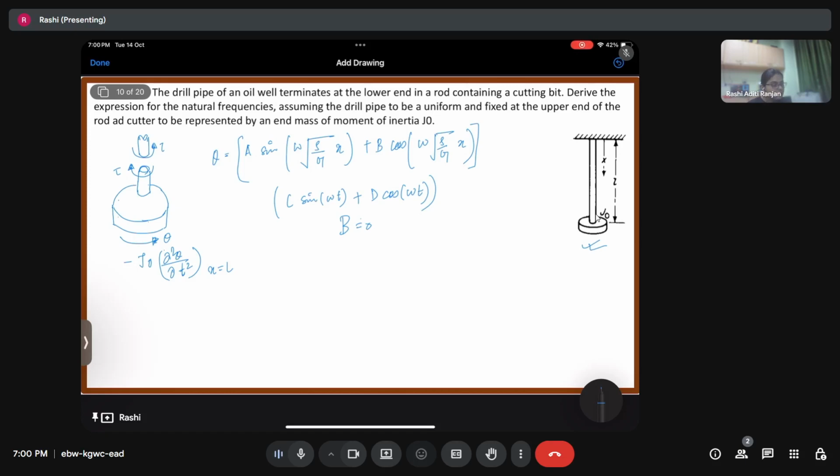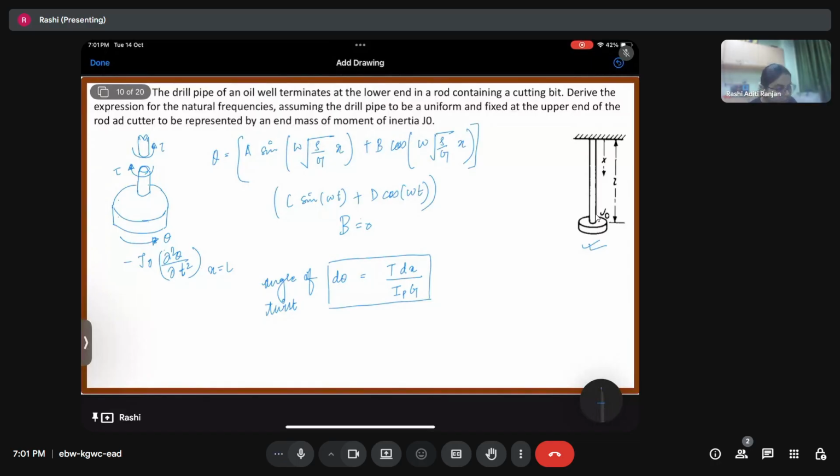So if you remember, for a rod where we are subjecting it to some kind of torque, we can write the angle of twist d theta as T into dx divided by IP into G. This is what the angle of twist is.